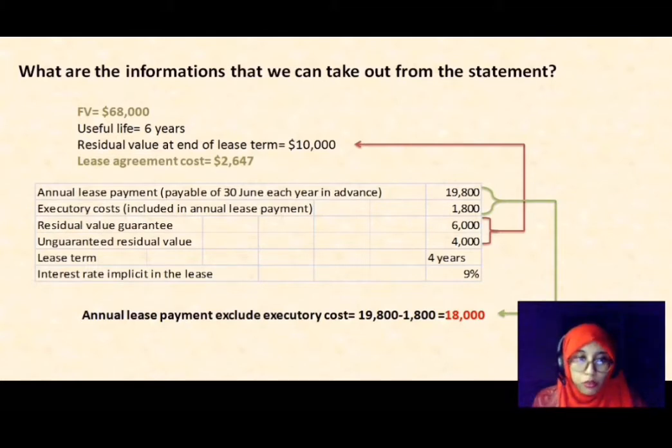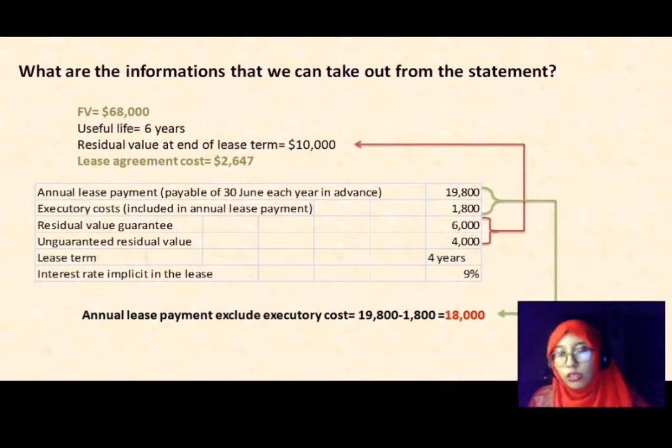So we need to know what the lease payment is. In order to know that, we need to see here. It mentioned that it has 19,800 for annual lease payment, but it includes the executory cost, so we need to minus. Why do we need to exclude the executory cost? Because executory cost is not related to the lease.